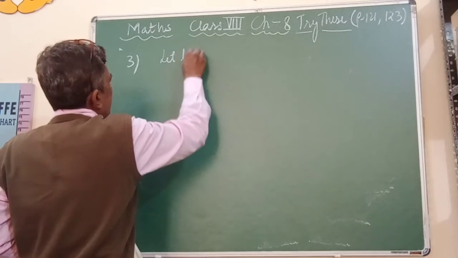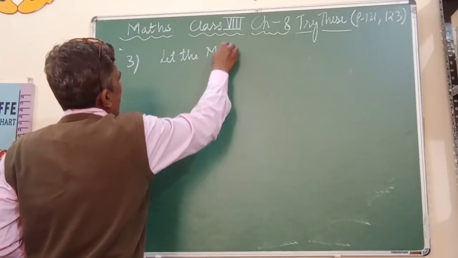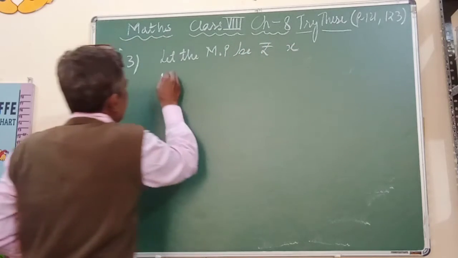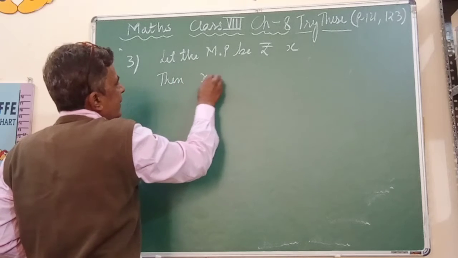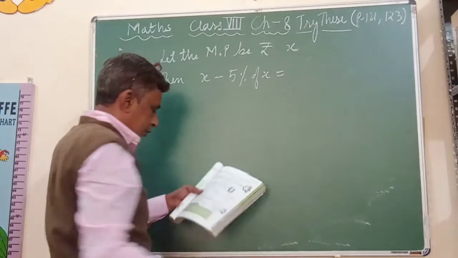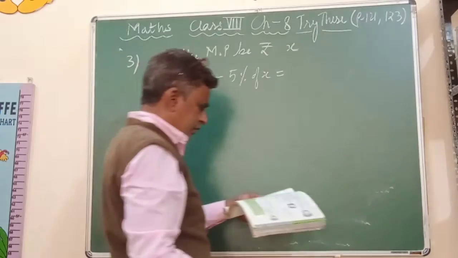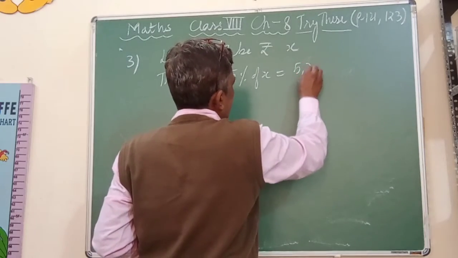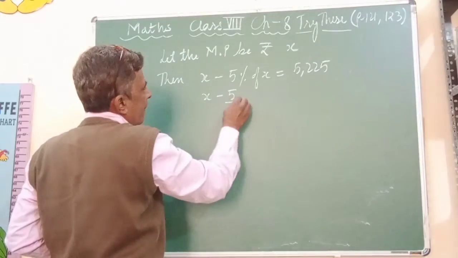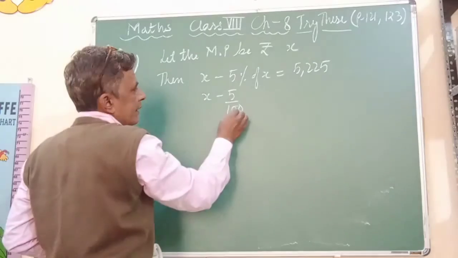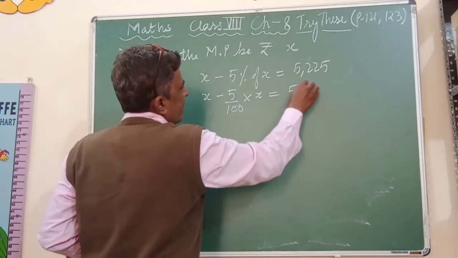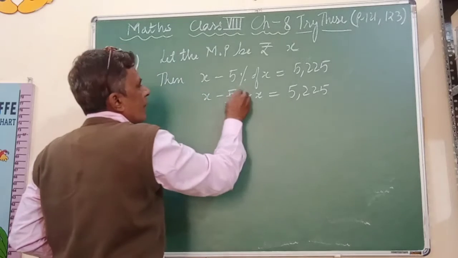Let the mark price MP be rupees X, then X minus 5% of X is equal to 5,225. X minus 5 upon 100, of is into X is equal to 5,225.